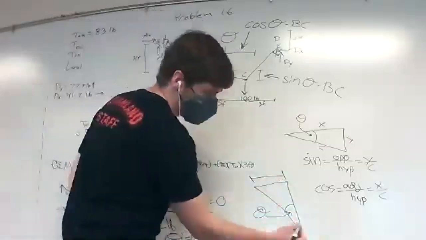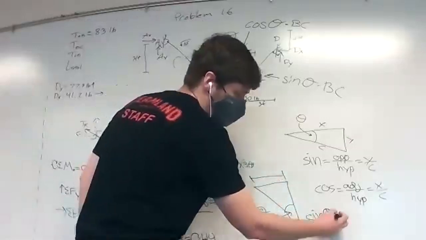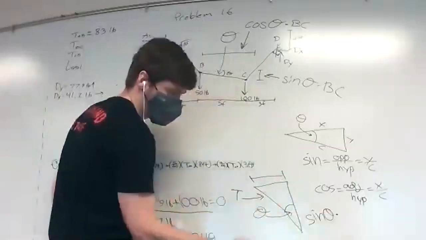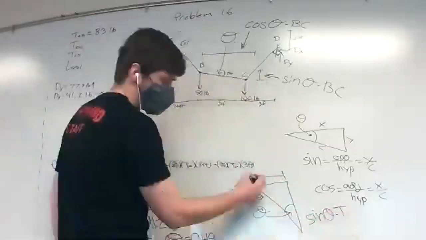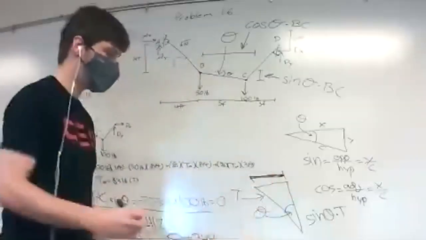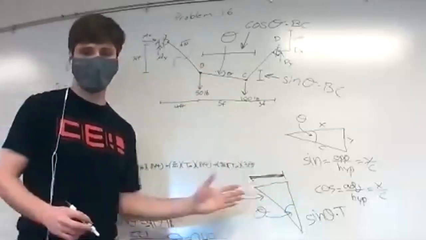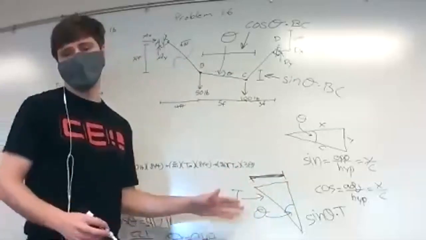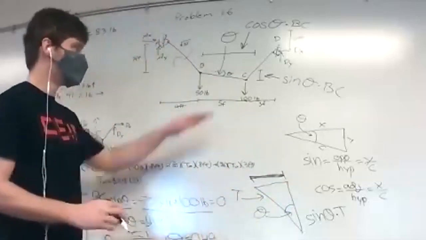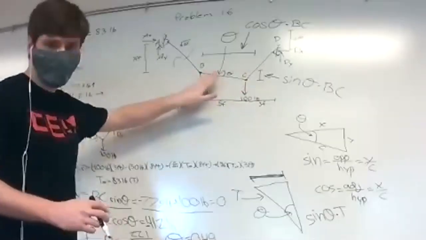Sine for a triangle like this, you'd have sine theta times this tension value, and this tension is going to give you this component, which is x. So depending on the way your triangle is oriented, sine and cosine can give you different components, x or y.